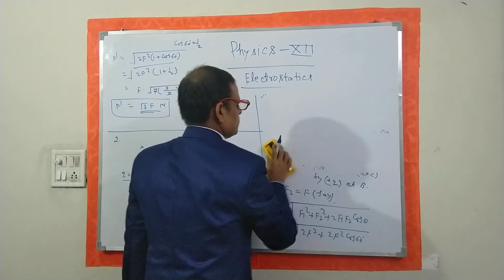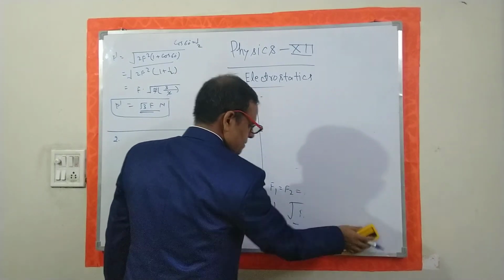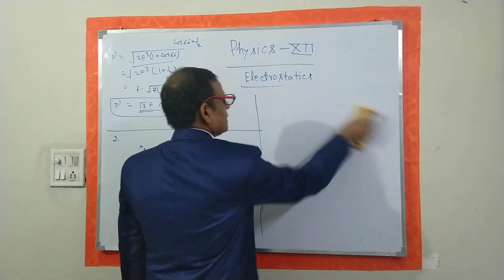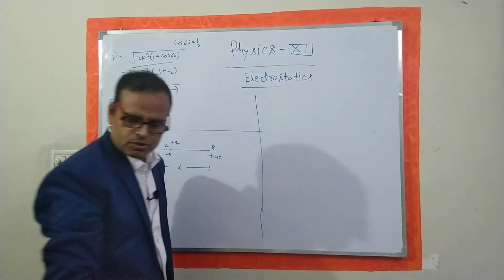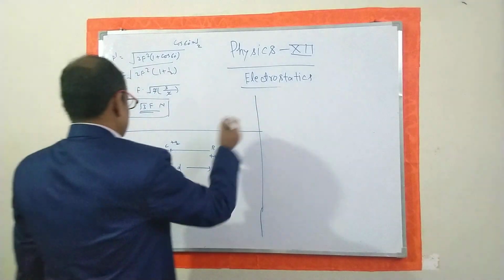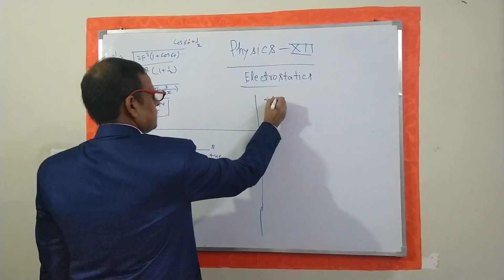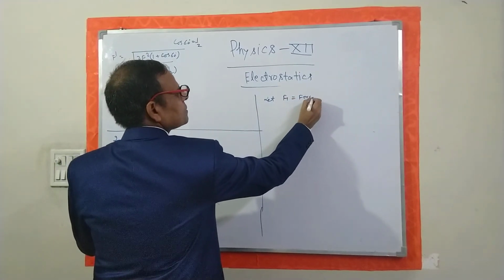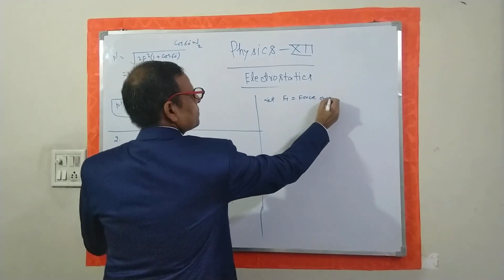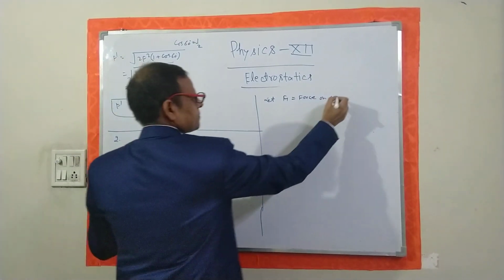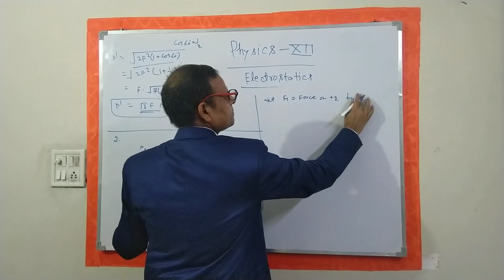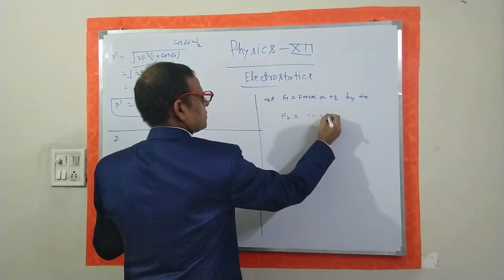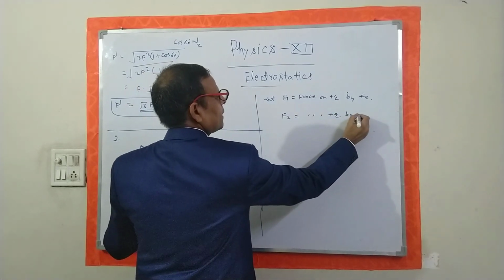So this is the question of equilibrium. Equilibrium means the net force acting at a point should be equal to 0. So let F1 be the force on plus Q by plus E and F2 the force on plus Q by plus 4E.